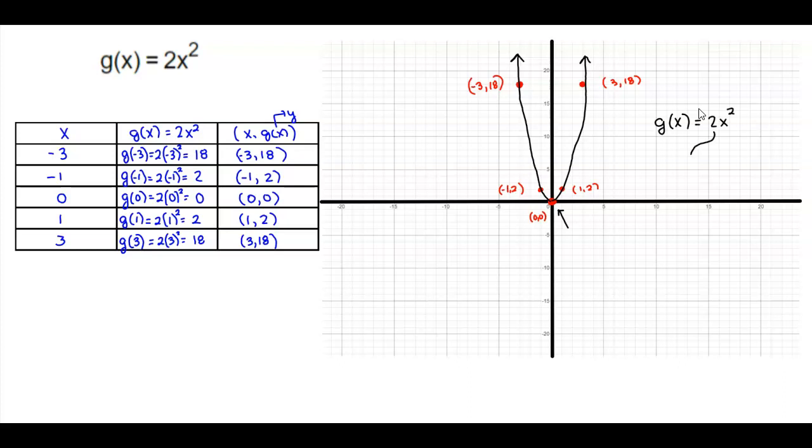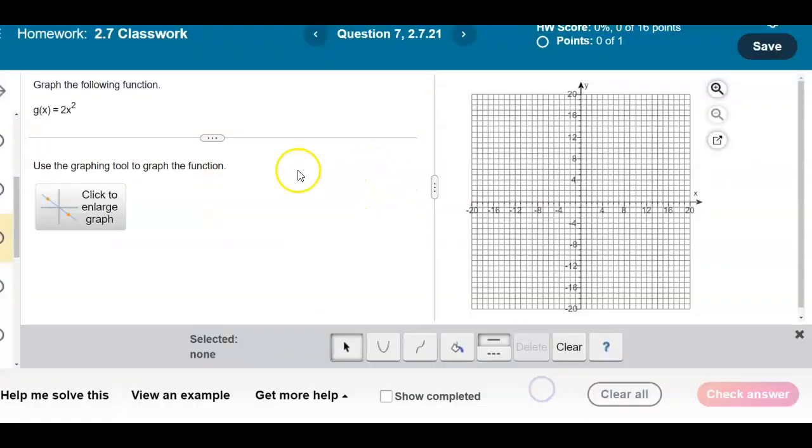Now remember, this 2 tells us that we're going to have a vertical stretch by a factor of 2. And this is going to allow us to then graph this on our graph here.